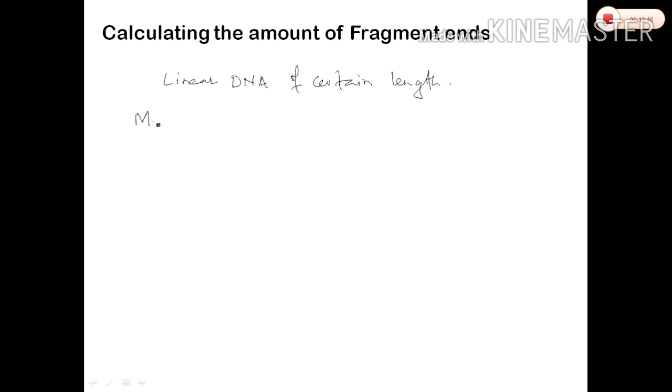We understood the mole in the first lecture. So here the moles of DNA ends can be represented by the weight in gram of that DNA, whatever you are taking, divided by the molecular weight. This is simply the formula for the calculation of mole, right?